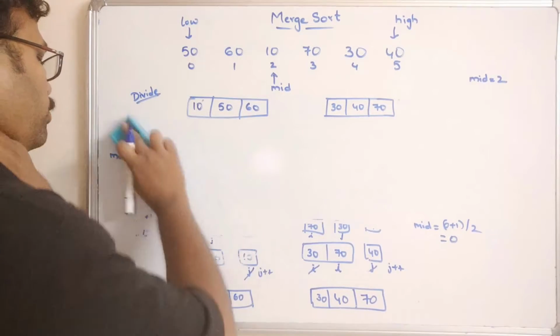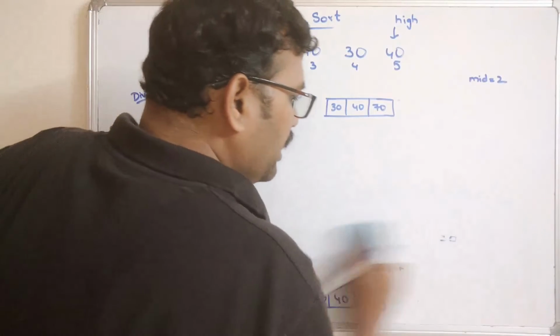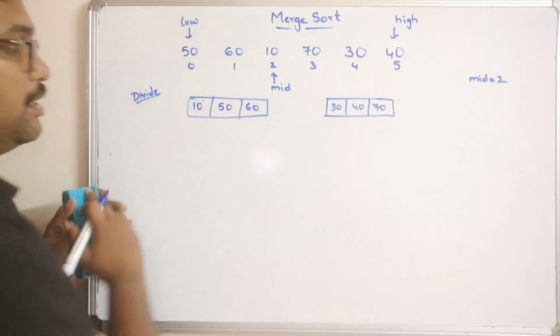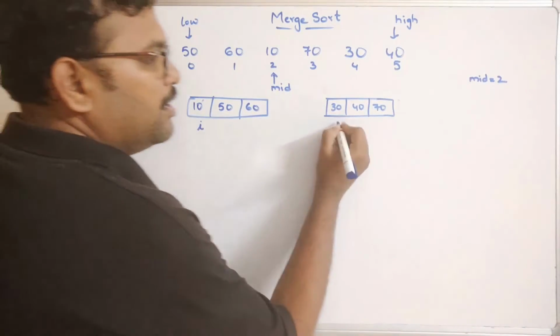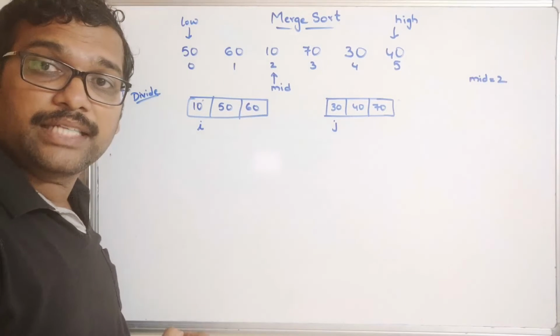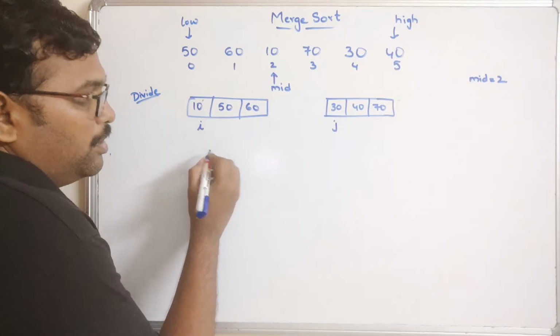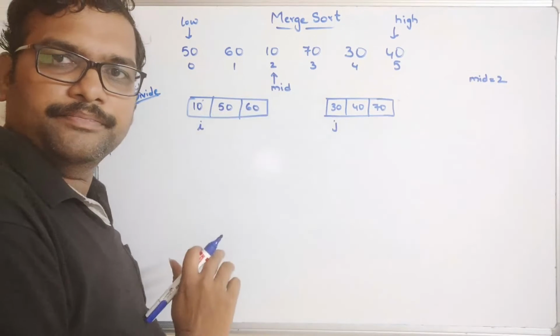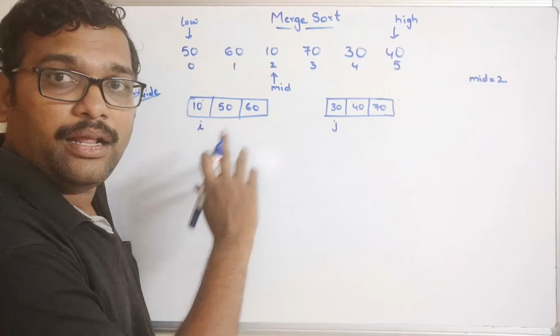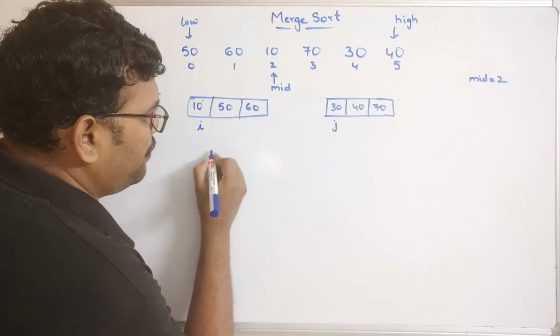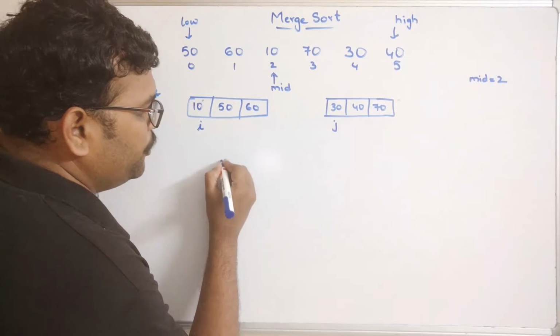See, now what we have to do, so we have to compare each and every element, right? So let us consider this as I, this as J. Okay, this as I and this as J. Now, what we have to do, so we have to compare 10 and 30. So, this is a new array.